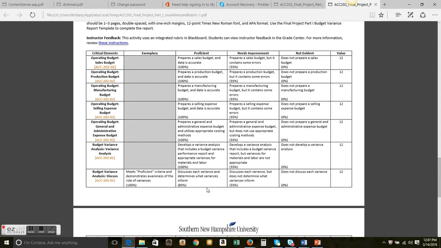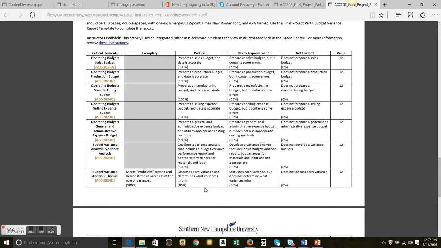So when we're talking about the budget variance analysis, we're looking at, are you discussing the variances and are you determining what those variances inform us? That would be at the proficient level. Then to get to the exemplary, you're talking about that proficient information and then you're adding an awareness of the role of variances.